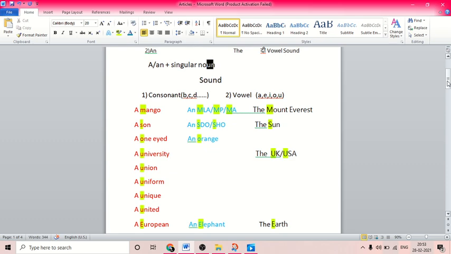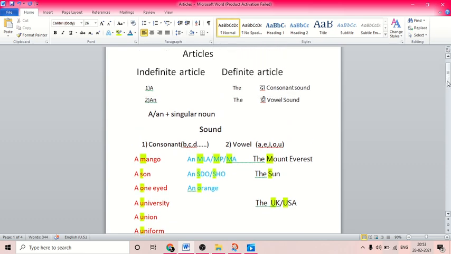Now let's move to the article the. It is pronounced in two different ways. When it is used with a consonant sound, it is pronounced as thuh. On the other hand, when the noun starts with a vowel sound, it is pronounced as thee.